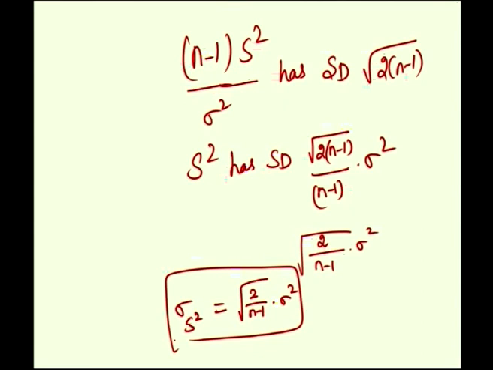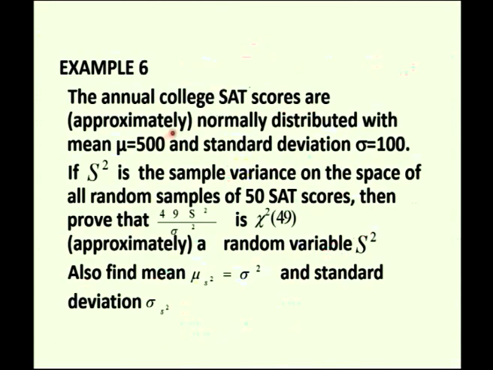Based on this discussion, now we shall do this problem. The annual college SAT scores are approximately normally distributed. It is an entrance examination, right? SAT scores are approximately normally distributed with mean mu equal to 500 and standard deviation sigma equal to 100.